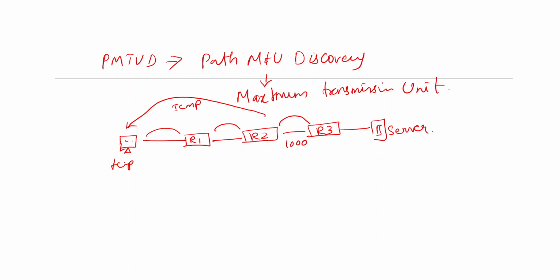Now it will alter the packet from 1500 to 980 bytes or something, whatever fits after the header. He will change it to 980 bytes and then transmit to the destination. So this is called path MTU discovery, which is done by the host itself.